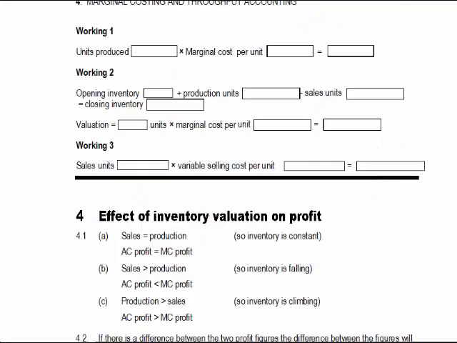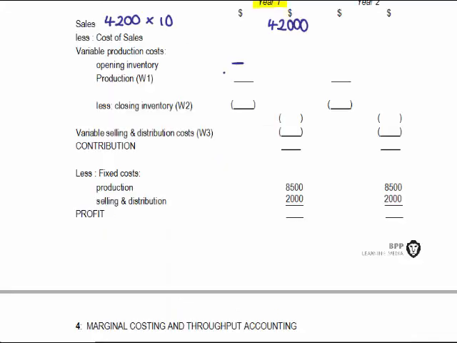So let's complete working 1. We've got 4,400 units at the marginal cost of $6, and that gives us $26,400. So that needs to go in our production.